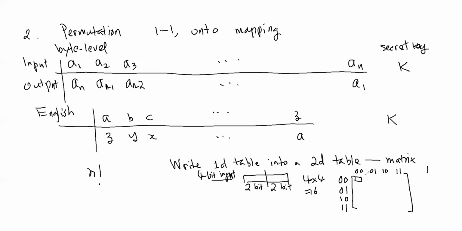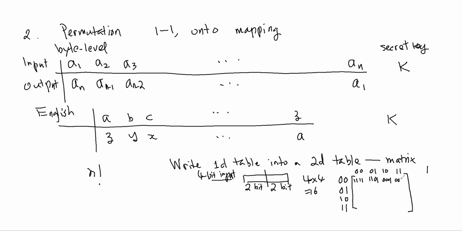For instance, for 0 0, I'm just going to go to 1 1 1 1. I'm just writing down something, okay? So this is a permutation.